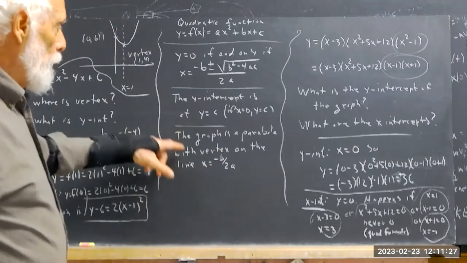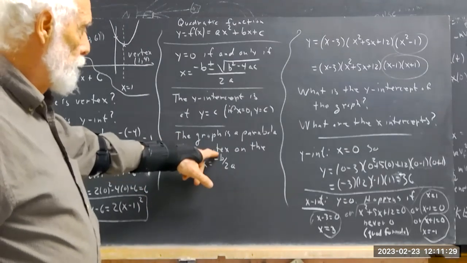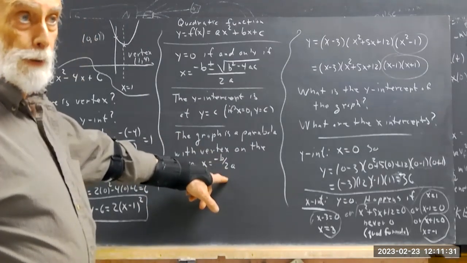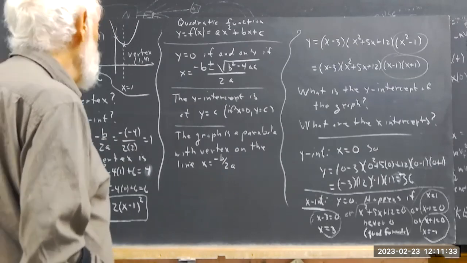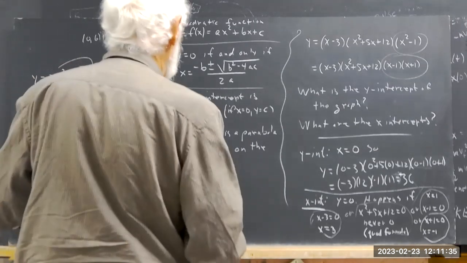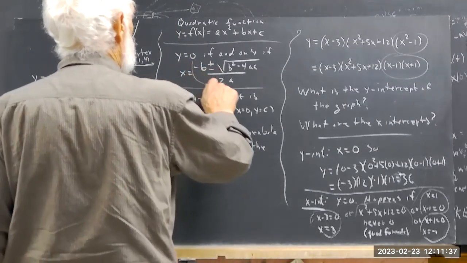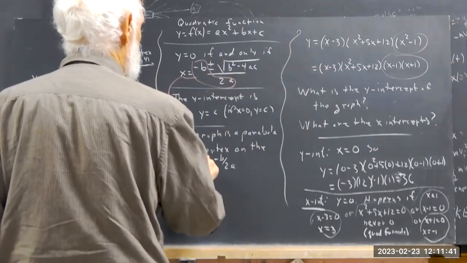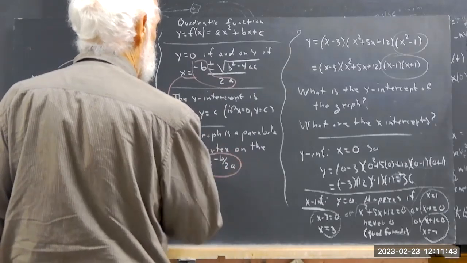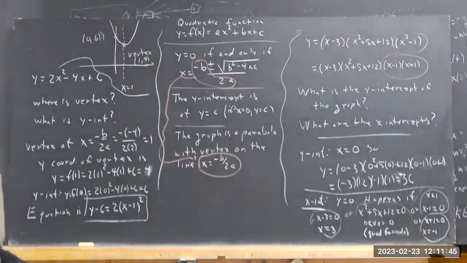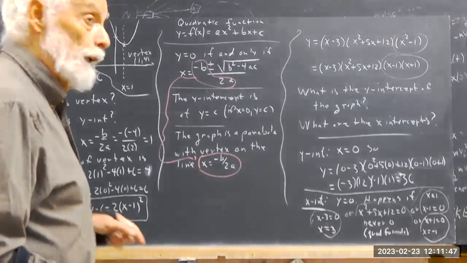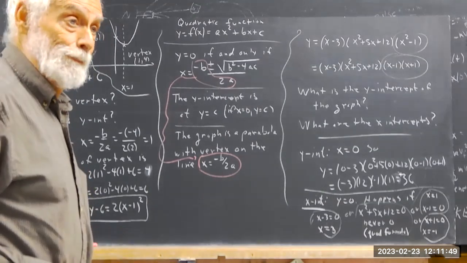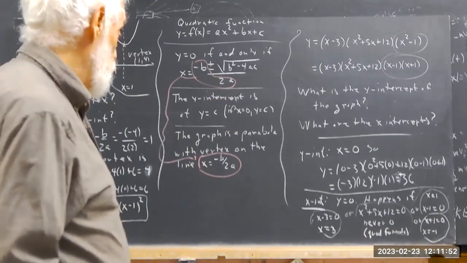Okay, the graph is a parabola with its vertex on the line x equals negative b divided by 2a. And negative b divided by 2a is sitting right here within the quadratic formula smiling at you. That's not a separate formula you've got to memorize. Just recognize it in the quadratic formula.